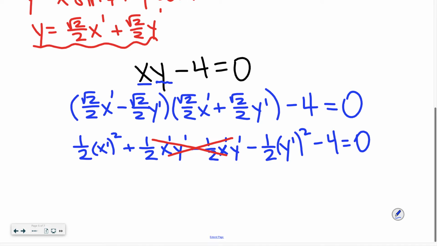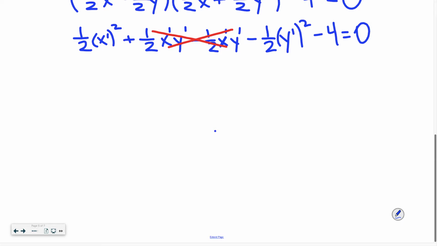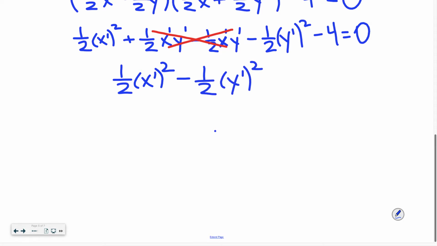So now, what did we have? A hyperbola? Yeah. Okay. So I have 1/2 x prime squared minus 1/2 y prime squared. I'm going to go ahead and move the 4 over. Are we in need of completing the square? No, because there is not an x prime and there is not a y prime.